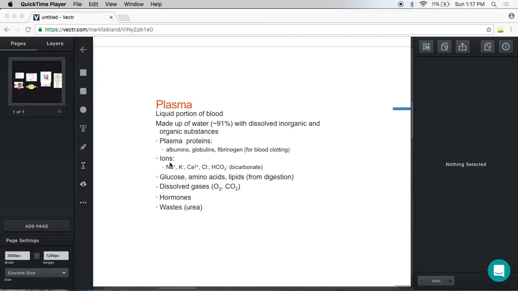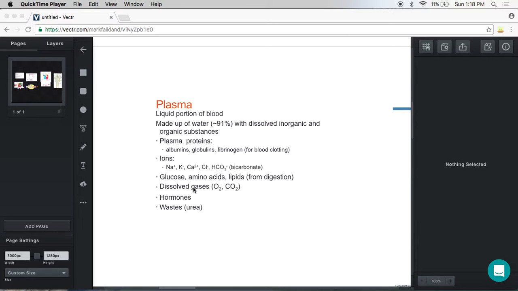And we have different ions. These are carried around in our blood, and they're particularly important for our neurons, for creating the charges that are necessary for our neurons to function. Then we have the different nutrients, glucose from carbohydrates, amino acids from proteins, and we have lipids or fats.